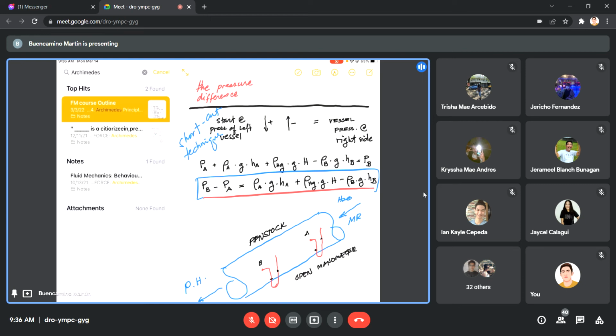And then, yung last na, yung i-equate ko yan doon sa pressure doon sa kabilang vessel. So, mag-start ako sa pressure dito sa left vessel. Then, I'm going to go downward. Every time that I go downward, that would be preceded by a positive sign. But every time that I go upward, that would be preceded by a negative sign. And then, i-equate ko yan doon sa pressure, doon sa kabilang vessel.